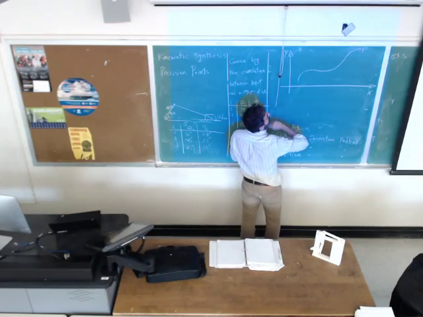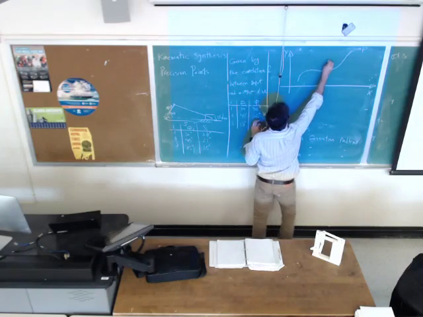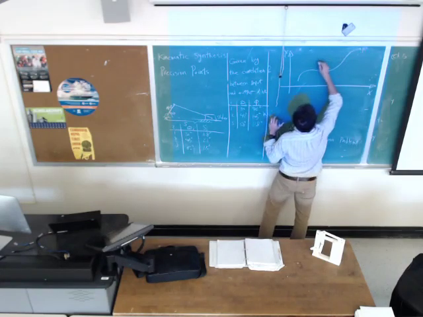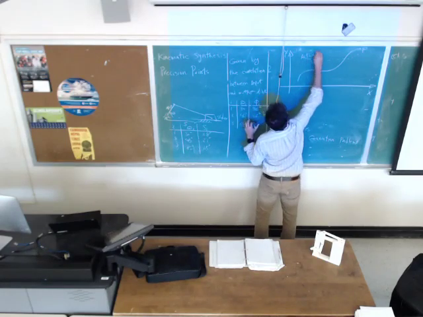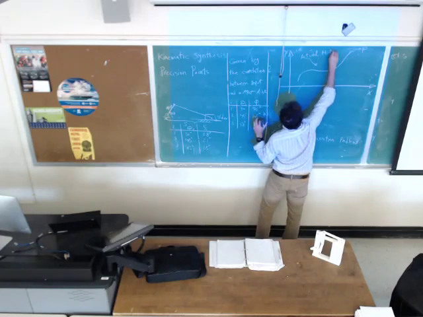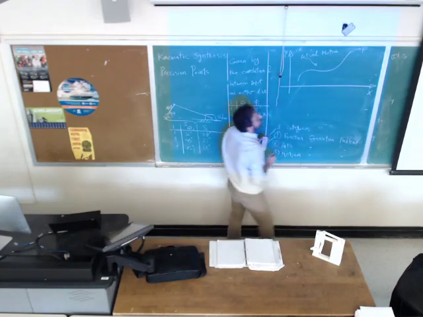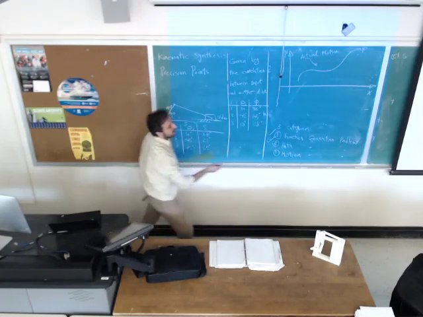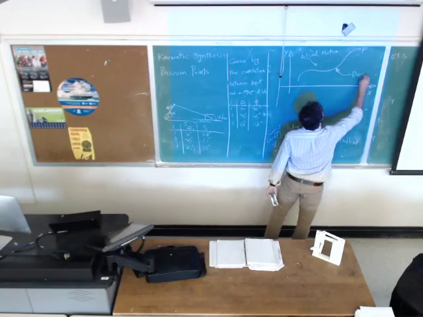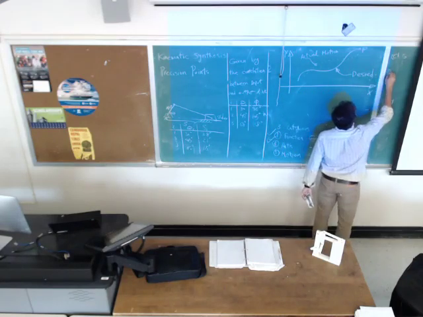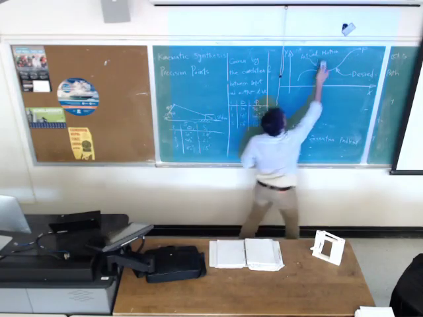And then run the test, and you will find that the actual motion is going along this path. This is the desired path, or desired motion, versus the actual path.